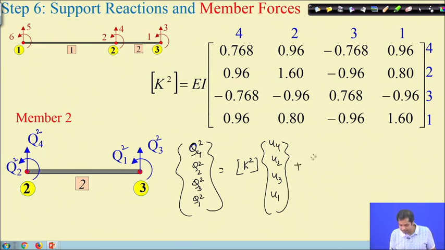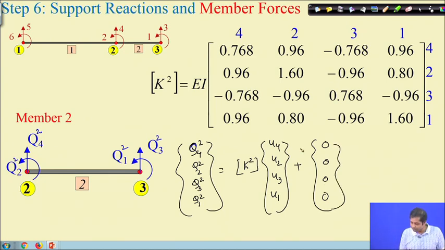Okay. And plus the contribution from the fixed end actions, and if you recall, there was no load on this span, so the fixed end actions were all 0. In this expression we know that U1 is equal to minus 6.25 by EI, U2 is equal to 12.5 by EI, and U3 and U4 are equal to 0.